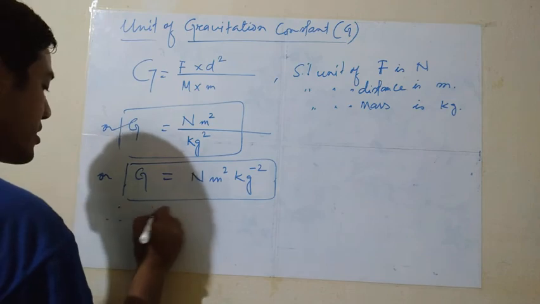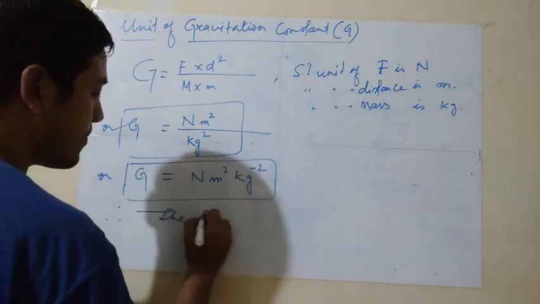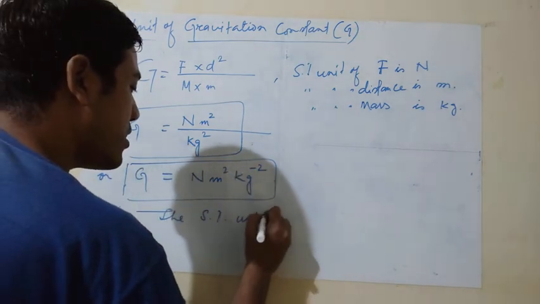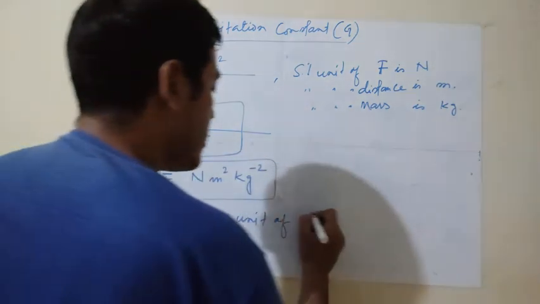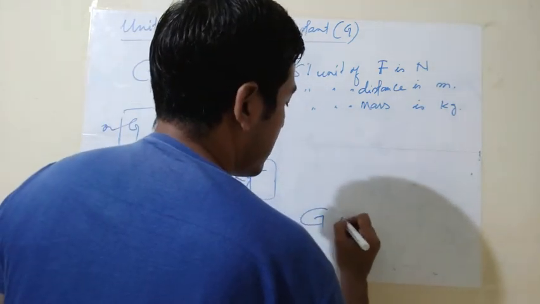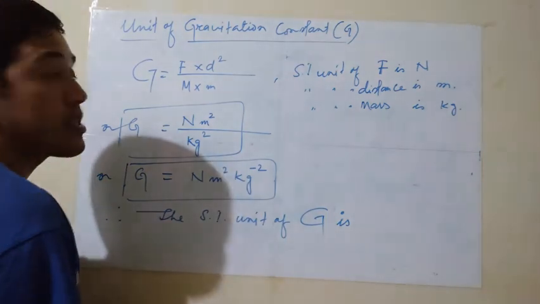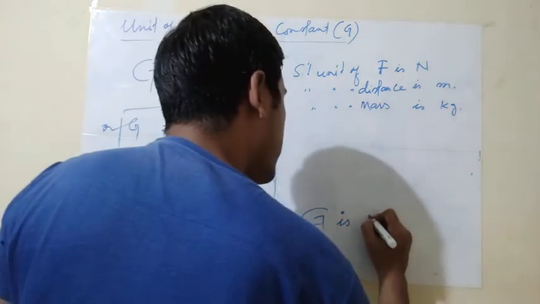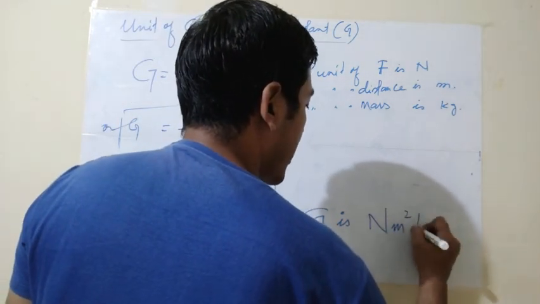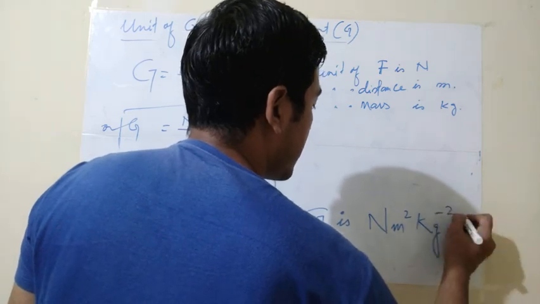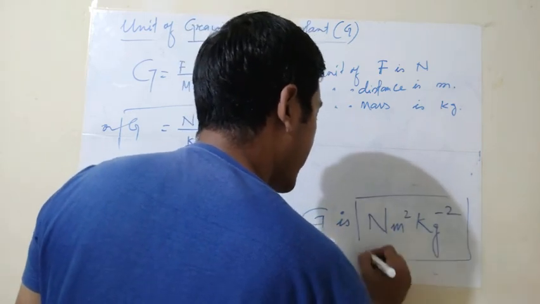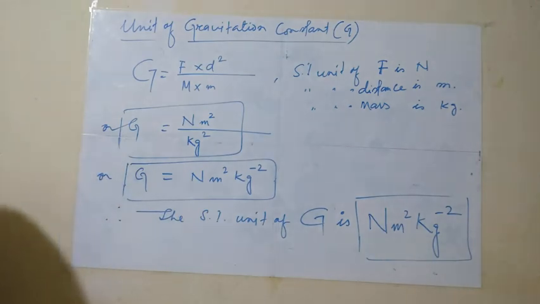Therefore, the SI unit of G, that is the universal constant, the gravitational constant, is Newton meter square kg inverse 2. Don't forget. Okay, let's copy down this.